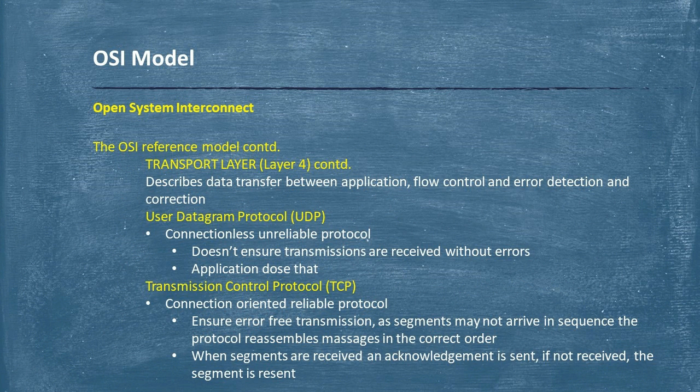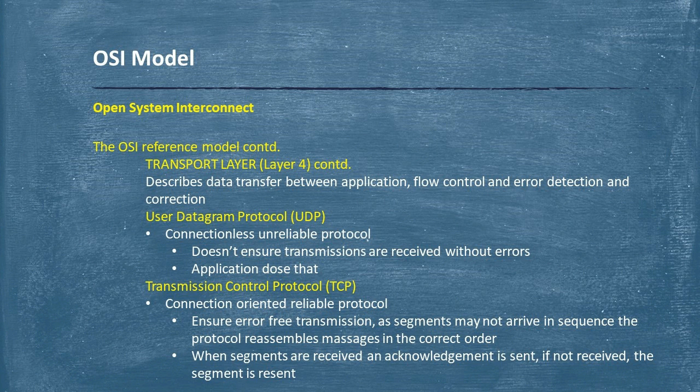The other protocol is UDP, that is User Datagram Protocol, a connectionless, unreliable protocol that doesn't ensure transmissions are received without errors. The application has to ensure that the transmissions are received without any errors. Whereas TCP, that is Transmission Control Protocol, is a connection oriented protocol and ensures error-free transmission.